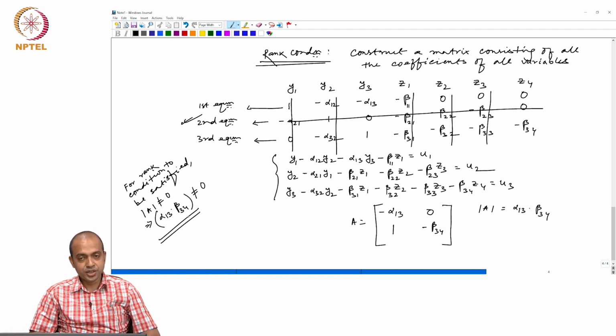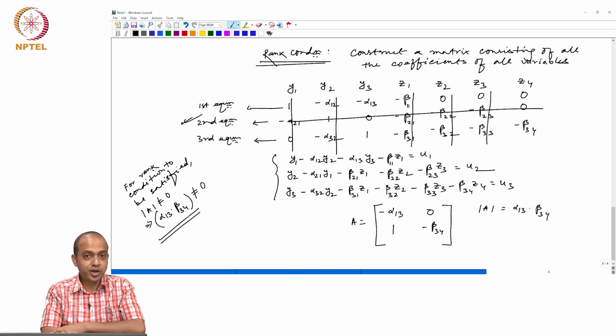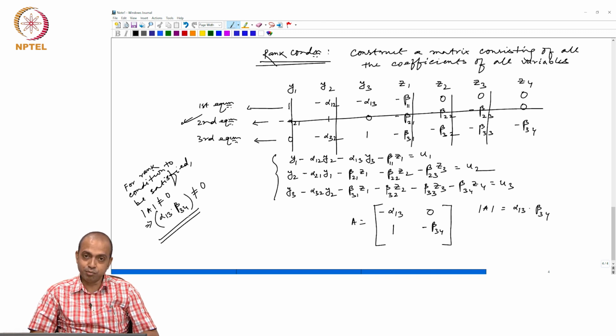Then we discussed the rank and order conditions of identification. Why is identification required prior to estimation? Because without identification, you don't know which equation you are estimating. As an example, think about the demand and supply equation. If no other variables are included, both demand and supply are a function of price only.